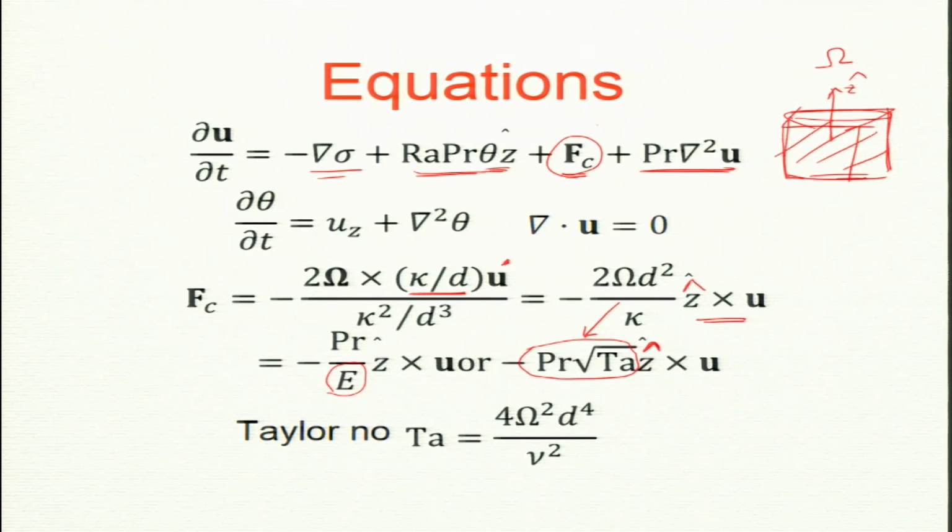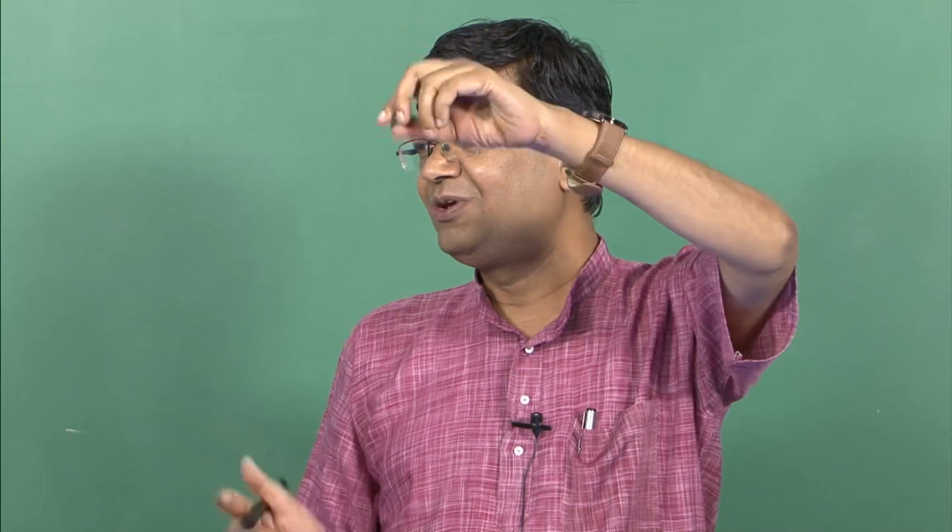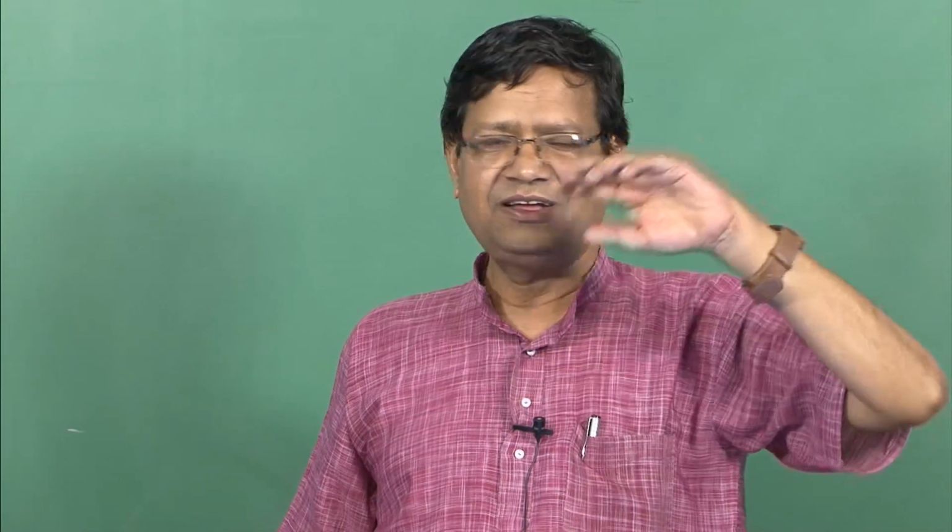Non-dimensional numbers are useful. I will probably emphasize this towards the end of the lecture, but let me tell you right now why. Rayleigh critical, 657, is fixed irrespective of what fluid you use or what temperature I am heating at the bottom and top. For any experiment you can compute the Rayleigh number and see whether it is above Rayleigh critical.